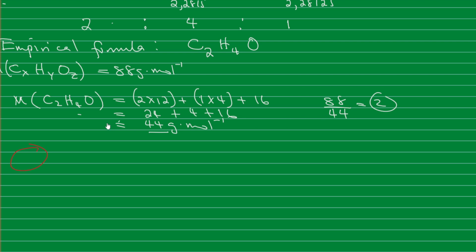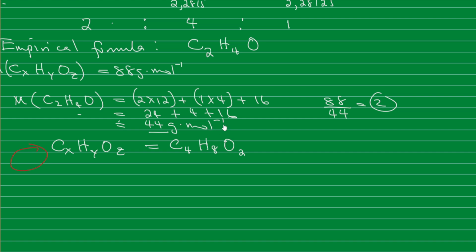So to find the formula, therefore the formula CxHyOz will be equal to, now these simply multiply by the 2 here. So we are going to have C4H8O2. So this is our molecular formula for that particular compound.